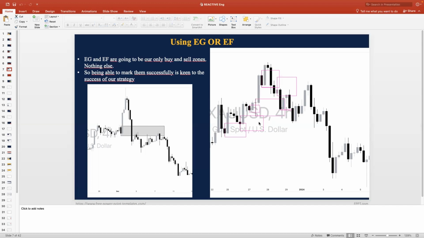Now price reacted again to the same engulfing from the beginning to push price back to this engulfing. Now we break below this, right?